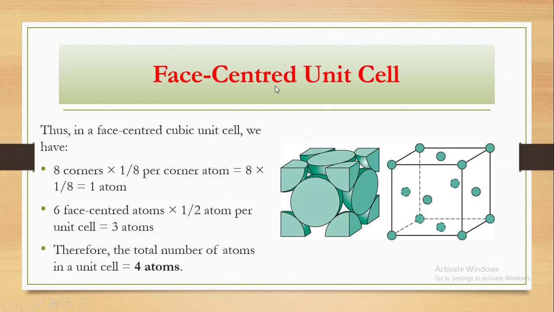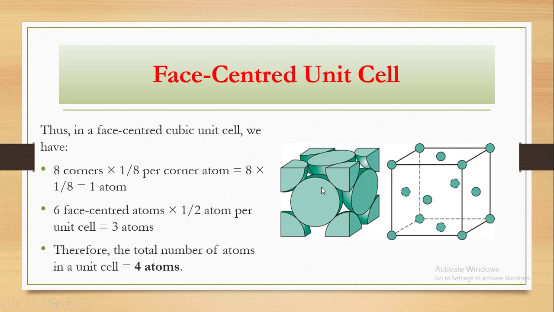Next, coming to the face-centered unit cell. So in the face-centered unit cell, there will be 8 atoms at the 8 corners of the unit cell, and there will be 6 atoms at the faces of the unit cell. So this is 1, 2, 3, 4, 5 and 6. The atoms at the corners of the unit cell will contribute 1/8. Since there are 8 corners, it will be equal to 1 atom in total, and the faces will contribute half.